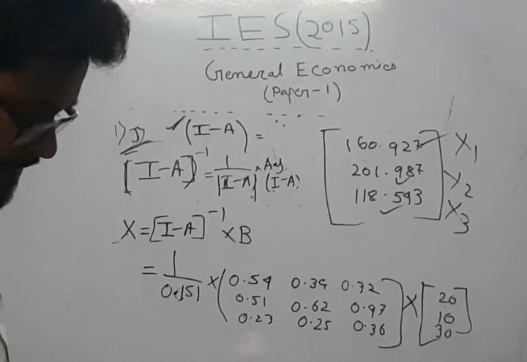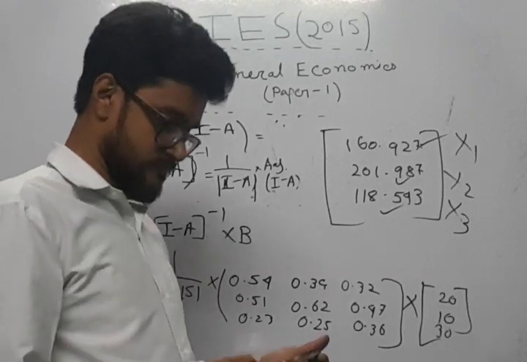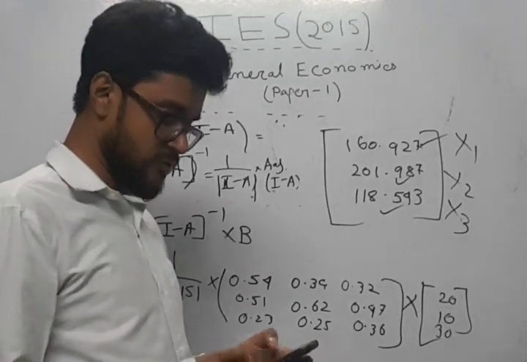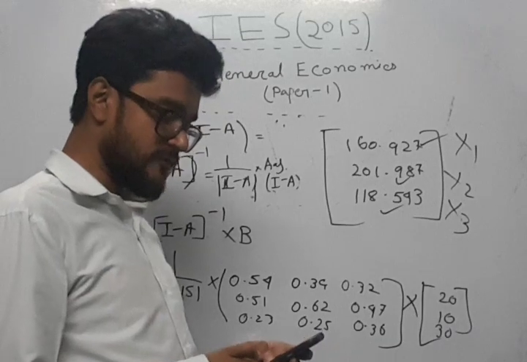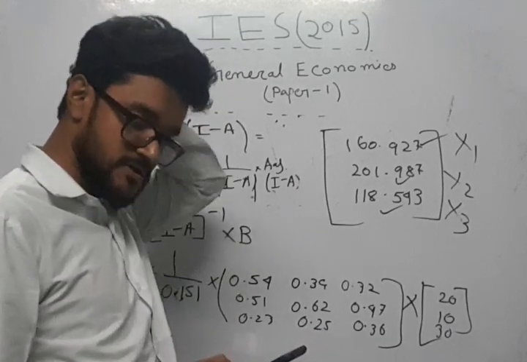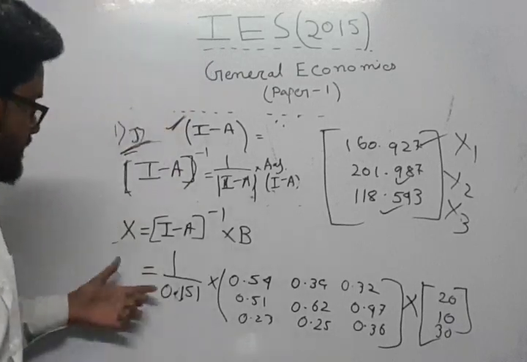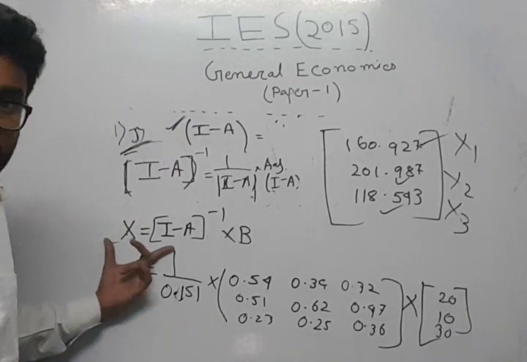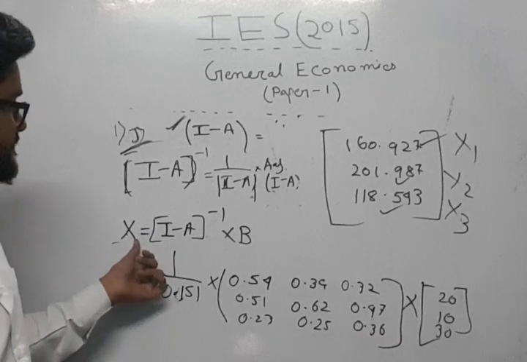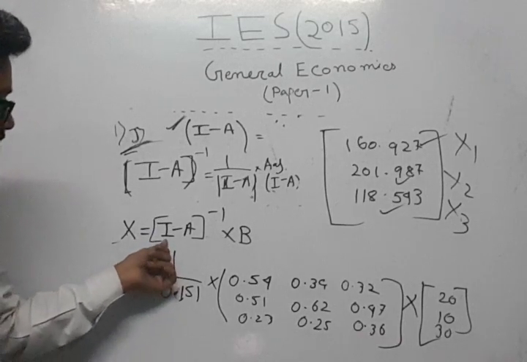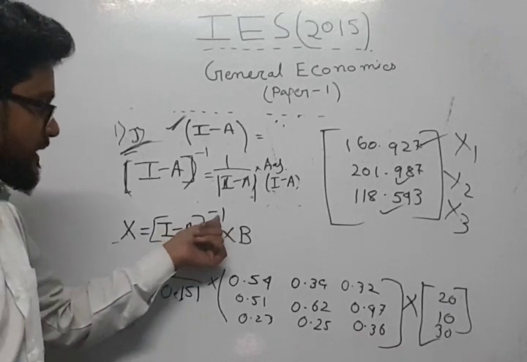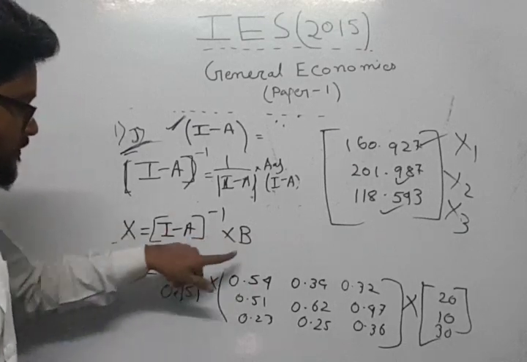I'll read the question paper again, which goes like this. Find out the total demand function for 1, 2, 3 firms. See, the coefficient matrix is given by this and this. So first we need to understand how we find the value of x. The value of x is found by (I minus A) to the power minus 1 into B. Now B is given.